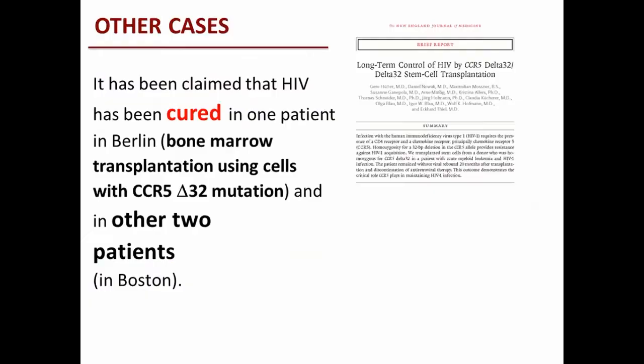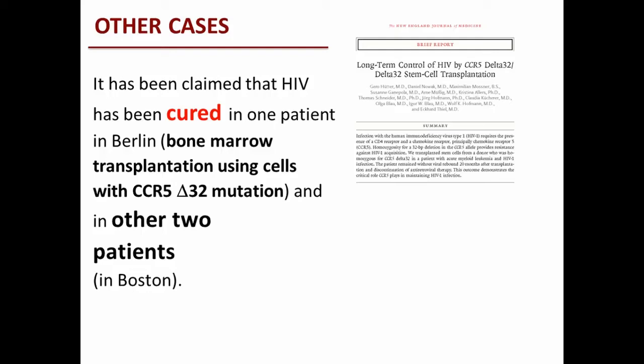So the virus was not present in this patient for a long period. He had HIV infection and leukemia. He was treated for leukemia, and now, after some years, nobody was able to find any sign of the virus in him. So he was considered cured from HIV.